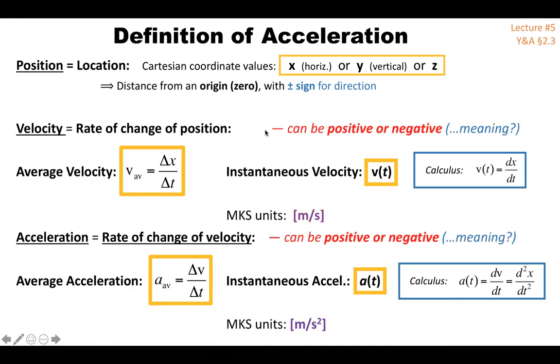Now, we've mentioned that velocity can be positive or negative. Do you remember what the meaning of that was? When an object's velocity is positive versus when its velocity is negative? I hope that you recall that when an object is moving in the positive x direction, then its velocity is positive, right? If you think of a car facing in the positive x direction, so the headlights face in the positive x direction, that would be a car that's in drive.